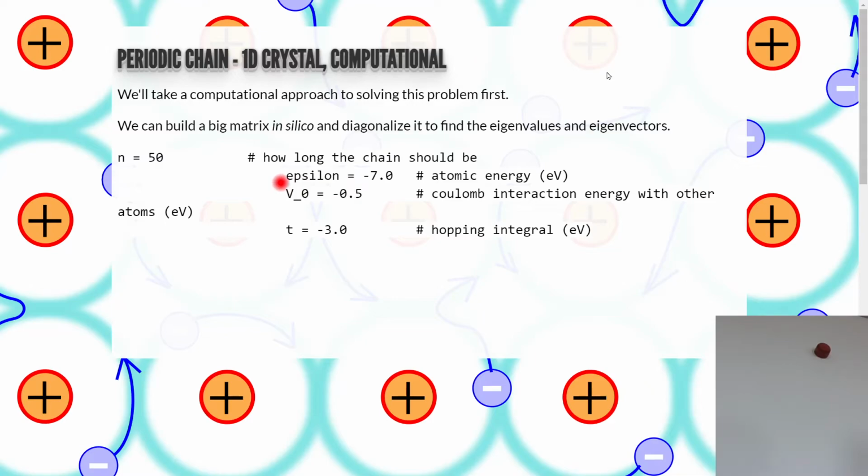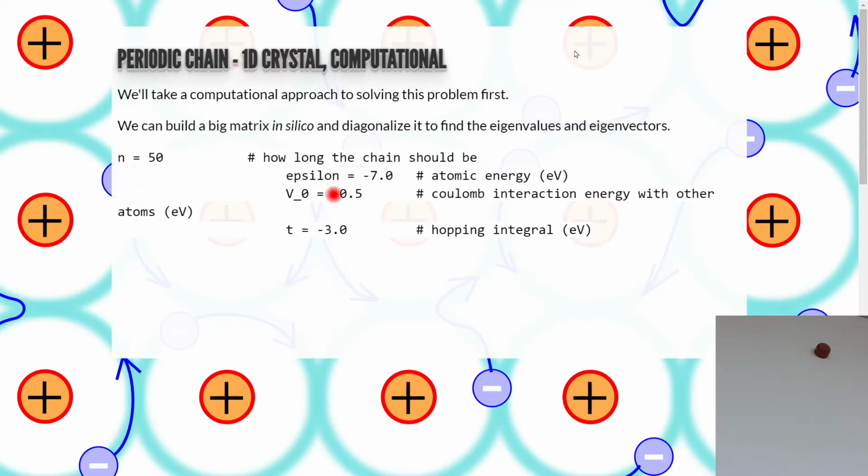I'm going to feed in some parameters. I'm going to say epsilon, the energy of the electron on the atom before they were brought into a chain and interacted, I'm going to call it -7 electron volts. So for a hydrogen atom, it's 13.5 or something like that. So it's something that's representative of the least bound electrons in an atom. It's just representative.